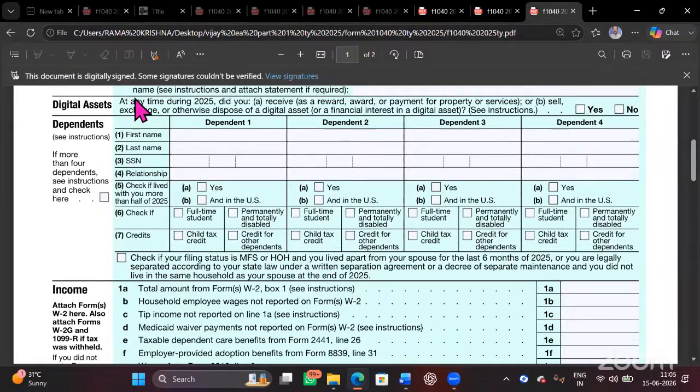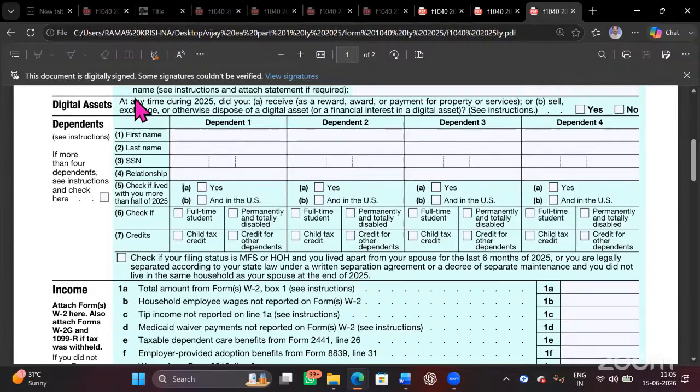For every dependent, the first name, last name, dependent's social security number, and relationship of the dependent with the taxpayer, all this data shall be filled in here. This is very complicated data; the dependent concept and the criteria to be satisfied are complicated. It will be covered as a separate chapter.